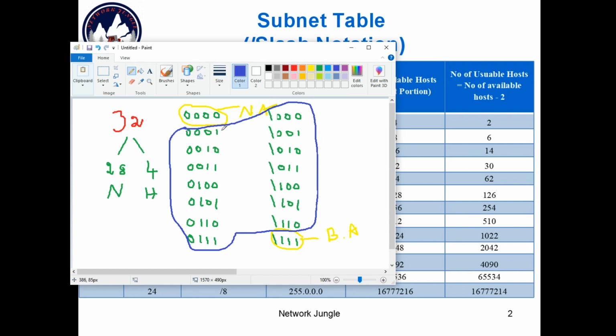So out of 16, 2 are removed, and the remaining 14 can be used for network devices.